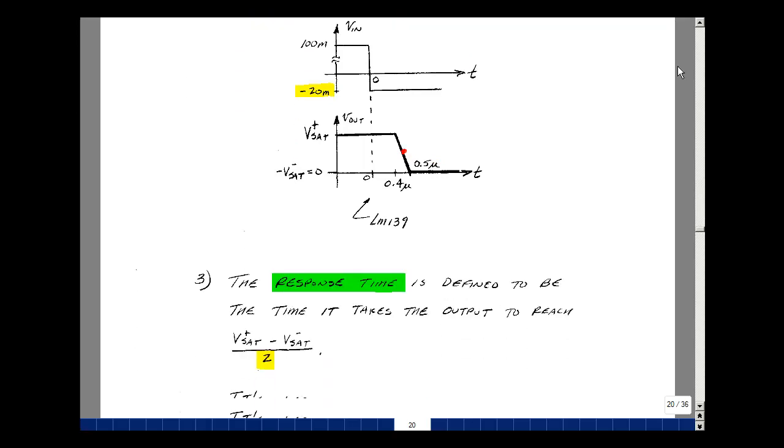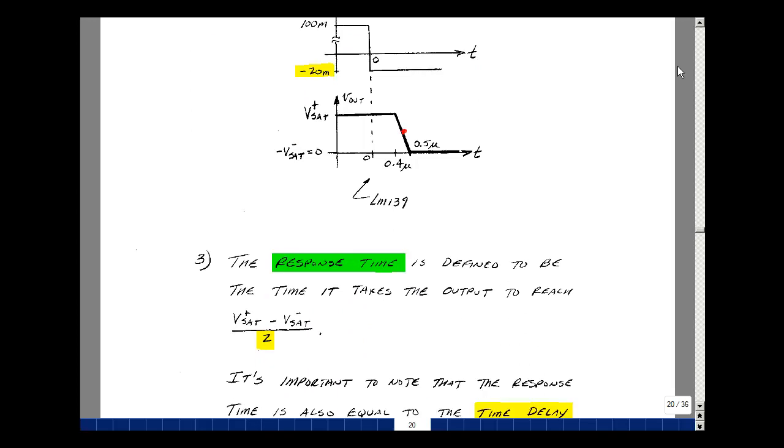In the data sheet, they don't talk about the time delay and the rise and fall time much, but what's called a response time. This is the time it takes for the output to reach half of its maximum swing. So in this particular case, the half value would be right about over here. If this was, say, 10 volts and 0, this would be 5 volts.